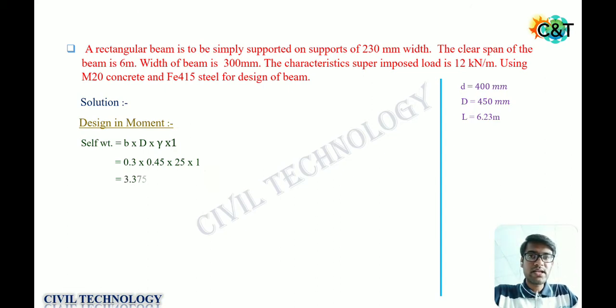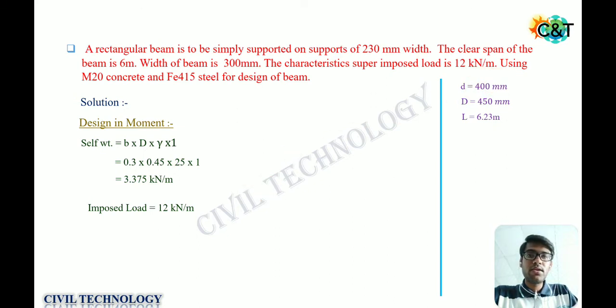This way the self weight of our beam comes to 3.375 kilonewton per meter. This is our first load, the dead load of our beam. The next load is the live load, that is the imposed load, already given in the problem as 12 kilonewton per meter.